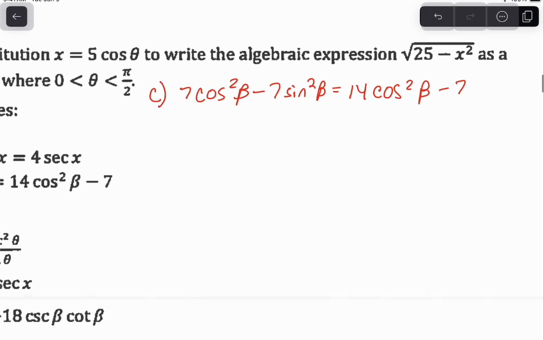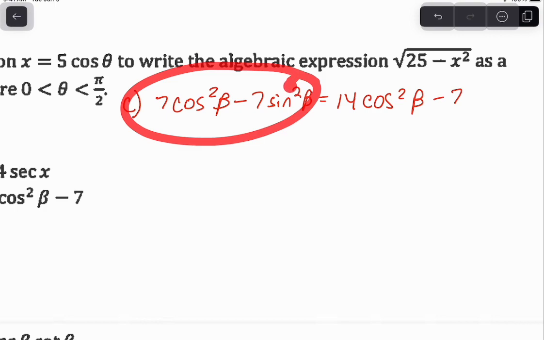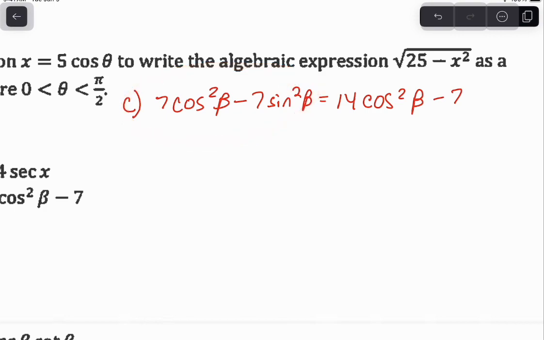Okay, so what I see here is that this has two different trig functions. To me, that means there's a little bit more to work with, and I can change them all into cosine. So I am thinking, and it's not wrong if you flipped it the other way, let this be my answer, and then let's go from there.